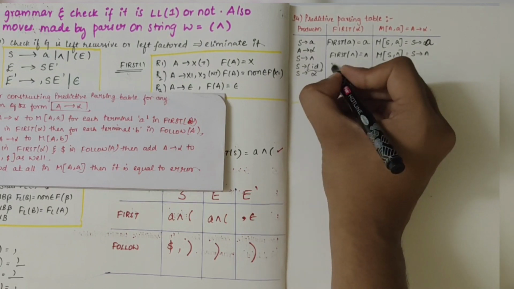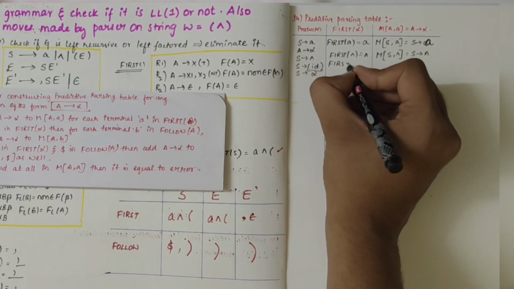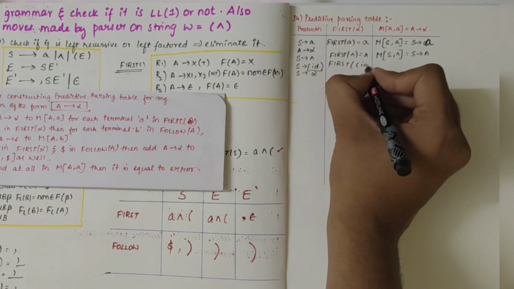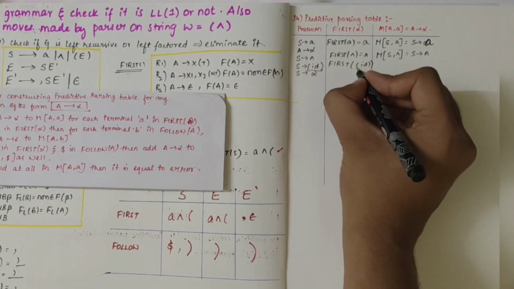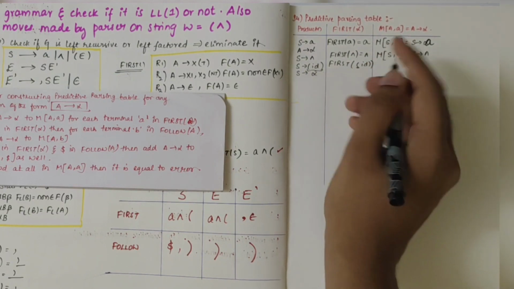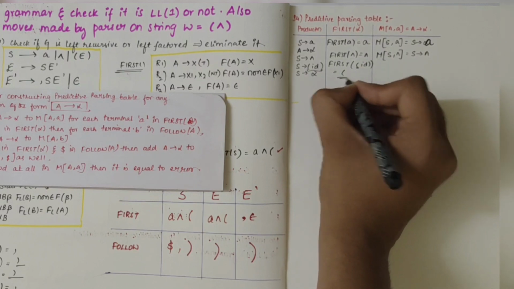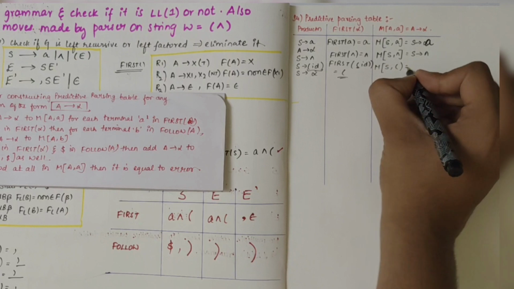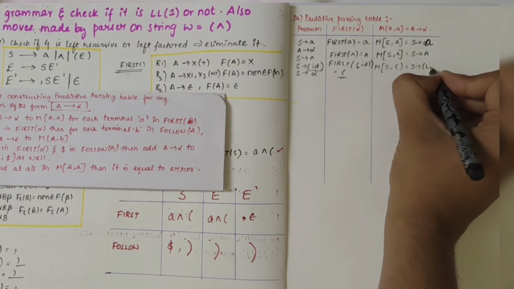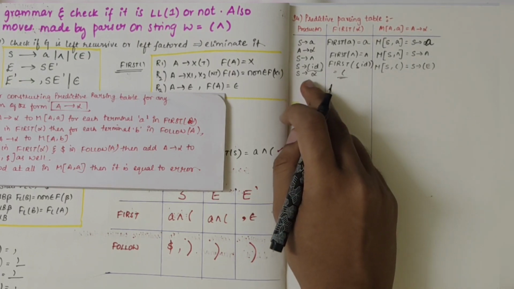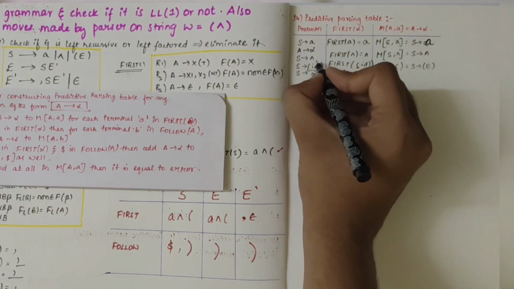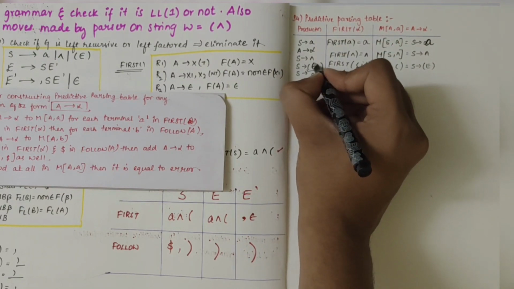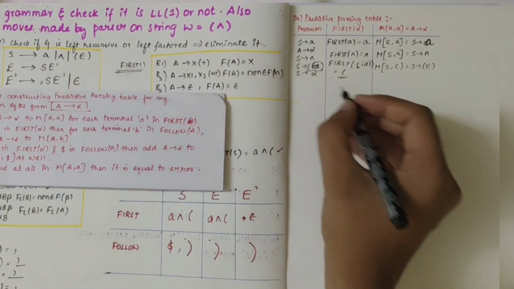Taking this entire thing as alpha, I'll write first of open bracket E and close bracket. So I'll be considering the open bracket here. First of open bracket is open bracket itself. So M of S comma open bracket would give S derives open bracket E close bracket. I'll take the entire thing here. Sorry, S derives E. Yes.